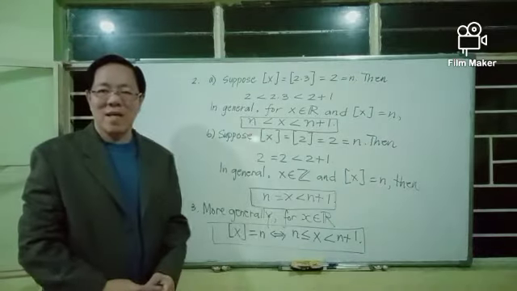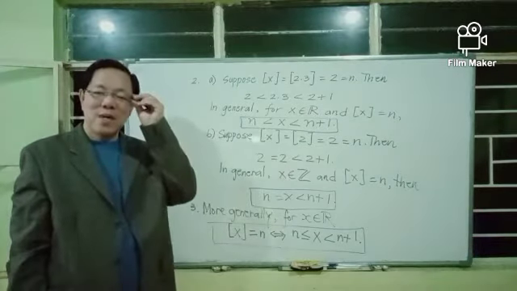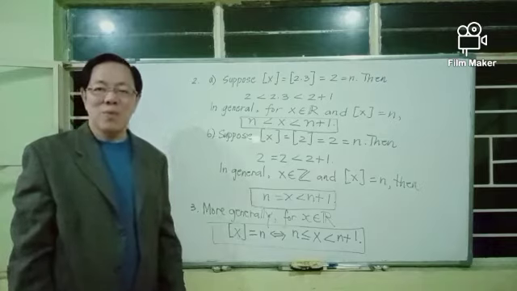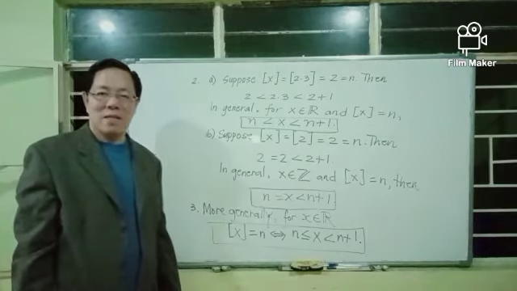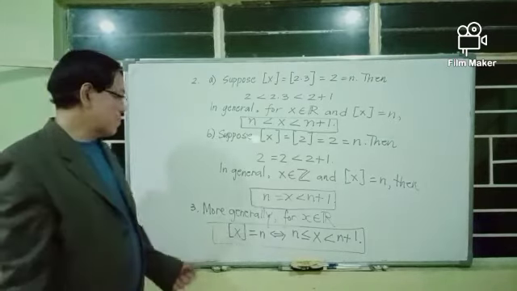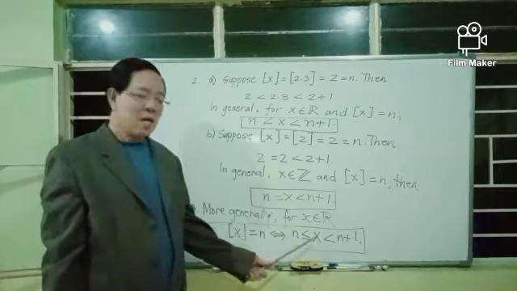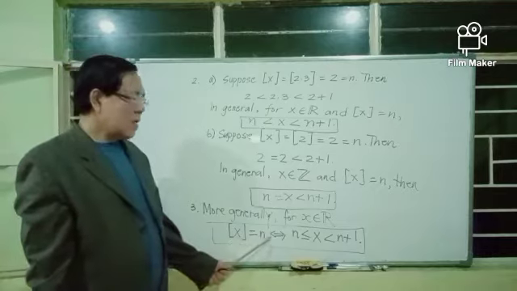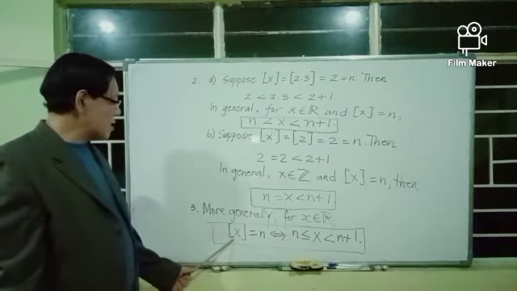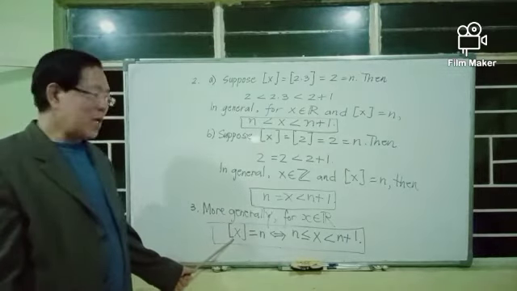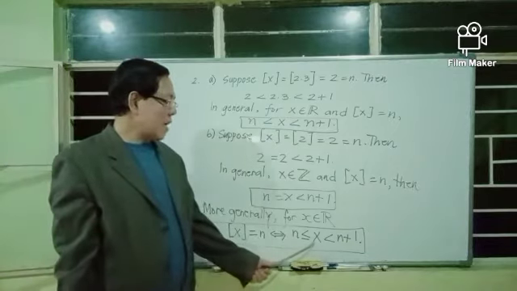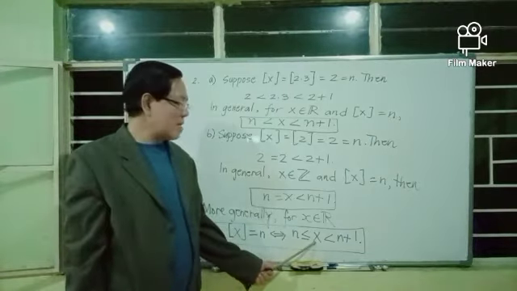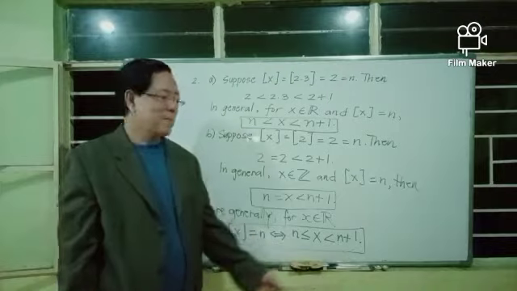And we have the second alternative definition of the greatest integer function, or the floor of x, where x is any real number. For any real number x, the greatest integer function of x is equal to n if and only if x is greater than or equal to n, but x is strictly less than n plus 1.